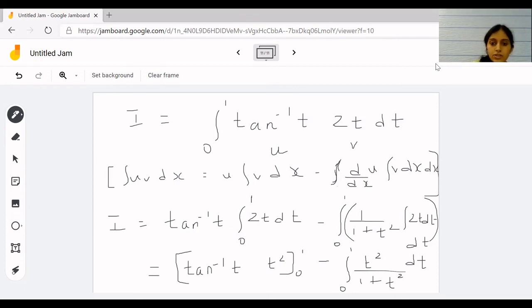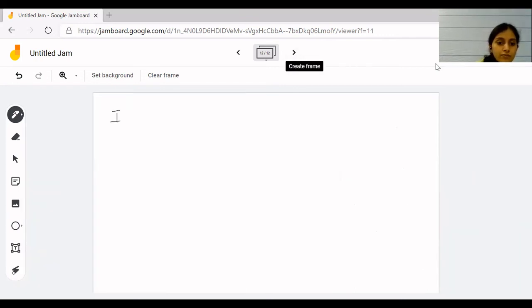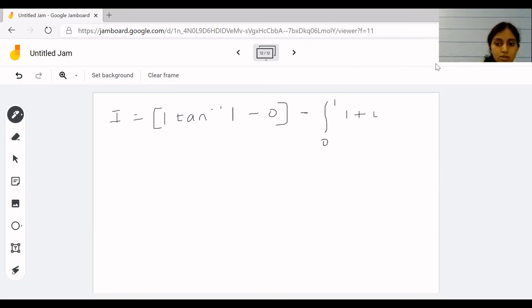So let us solve this. I will be equal to, let us substitute the limits for the first bracket. We have t square tan inverse t, so it will be 1 times tan inverse 1, minus 0. This is your first part. Minus integration 0 to 1 of 1 plus t square minus 1 upon 1 plus t square dt.